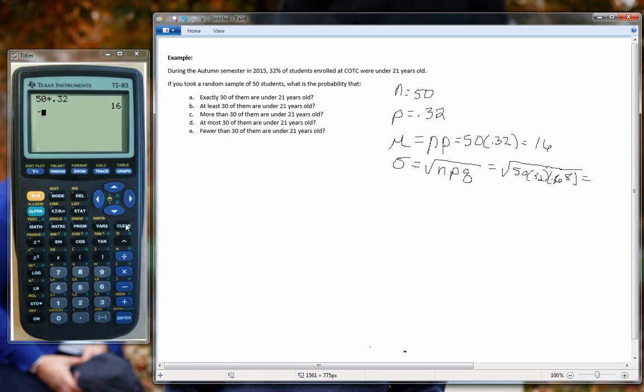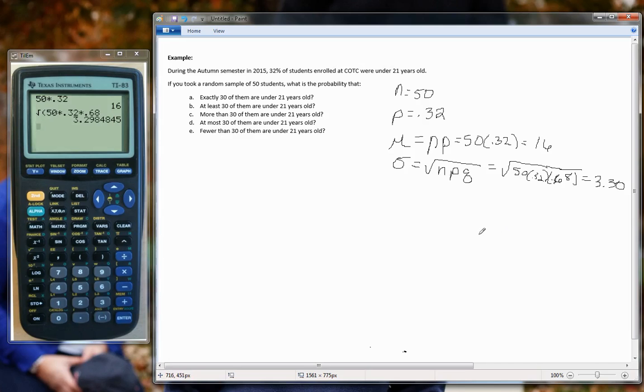So if we do the square root of 50 times 0.32 times 0.68, and round this to 2 decimal places, we're going to have 3.30. So we'll use that as our standard deviation.